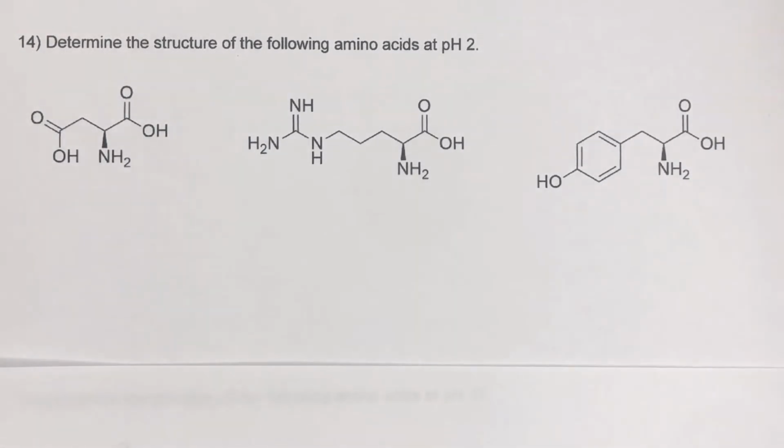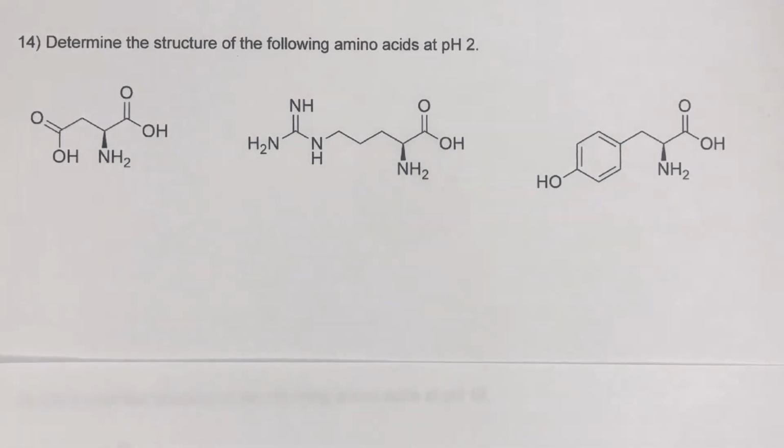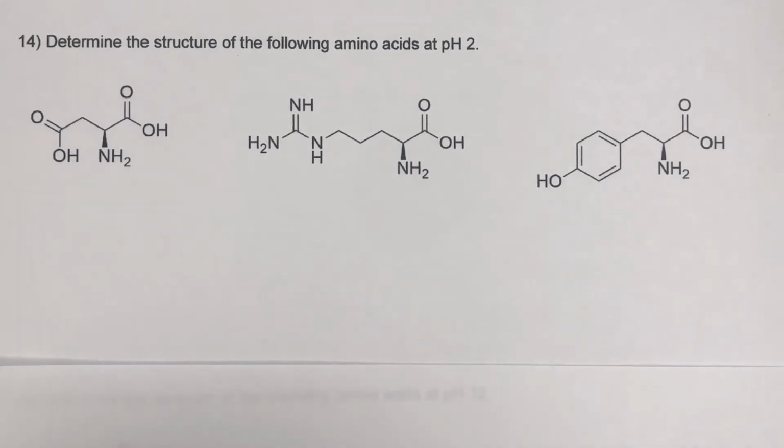So we're asked to determine, and what I mean by determine is draw the structure for the following amino acids at pH 2, so very, very low pH. So what you need to do is know the pKa values for every ionizable group in the particular molecule that you're looking at.